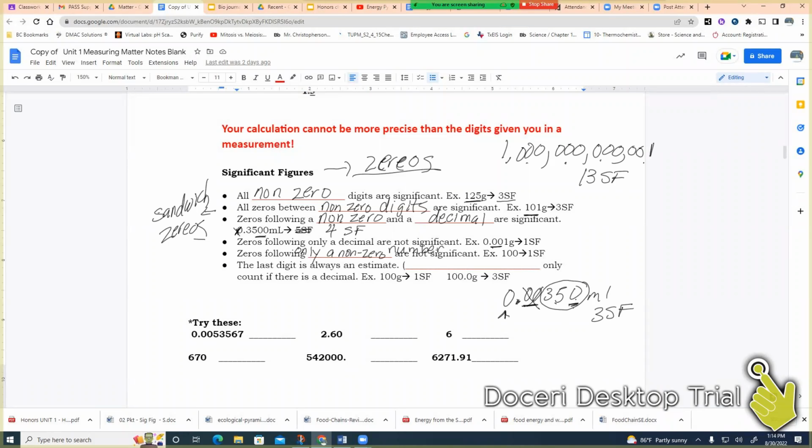So in other words, no decimal involved, if it's just behind a non-zero number. So if I have 100, that is just 1 sig fig. If I have 5,000 grams, these zeros are just behind a non-zero number, so they are not considered significant. So this is just 1 sig fig.